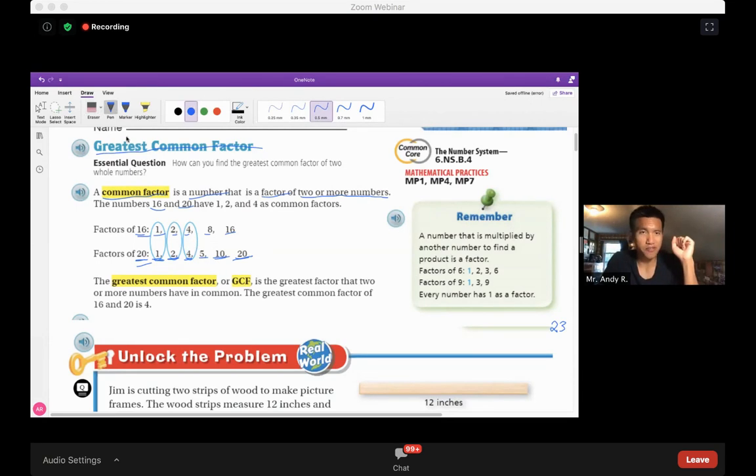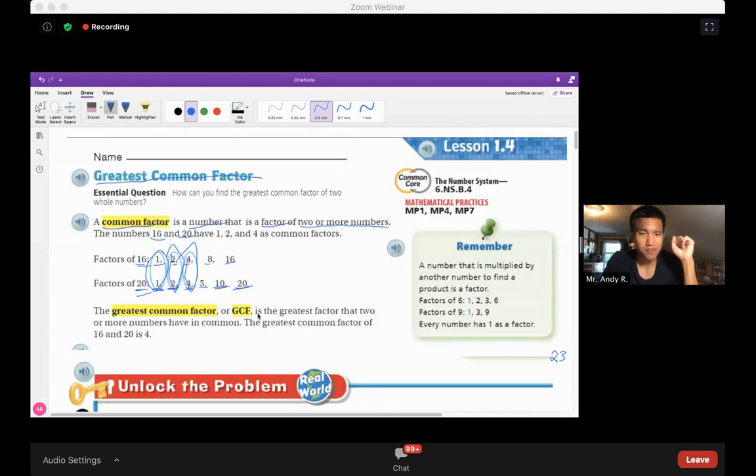Okay, so what are the common factors? Yep, 1, 2, and then 4. So what is the greatest common factor? Yep, the greatest common factor of 16 and 20 is 4.